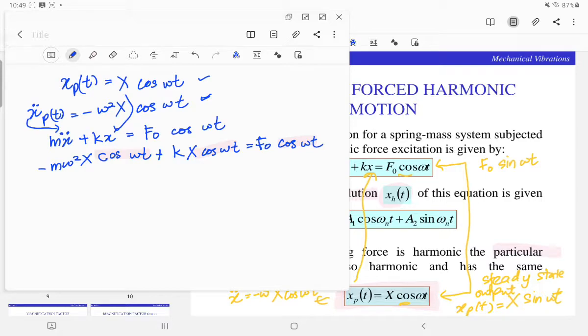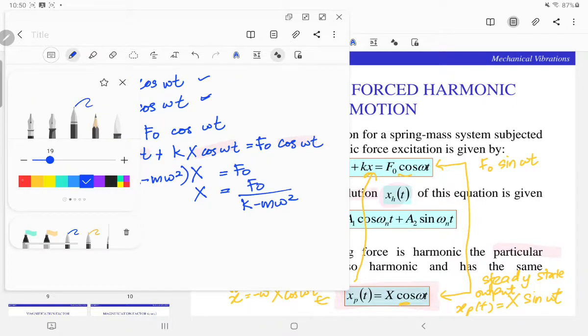Then you will just have your x, so you have k minus m omega square, everything, x equals to f naught. So if you want to solve for your x, x is equal to f naught divided by k minus m omega square.